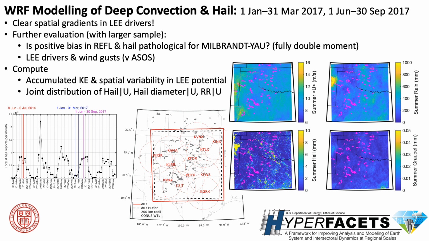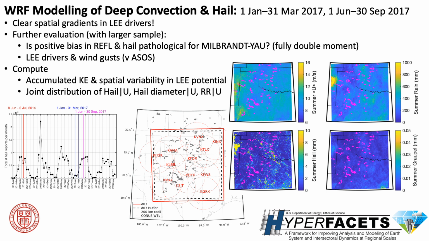I should have mentioned that all of the output we're looking at here is every 10 minutes. So what we see in this domain here is we've actually extended our inner domain to be 651 by 651 grid cells, so it covers wind turbine assets also in Oklahoma.